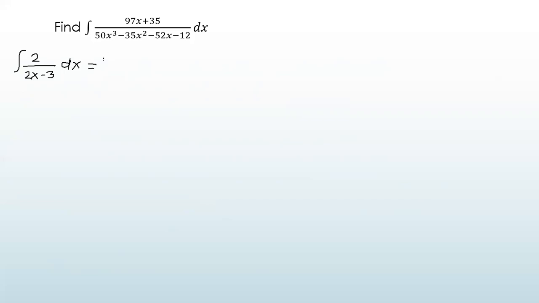It becomes 2 times, oh no, minus 1, so minus 3 dx, and it becomes 2 ln of 2x minus 3, 1, ln, okay, plus c.